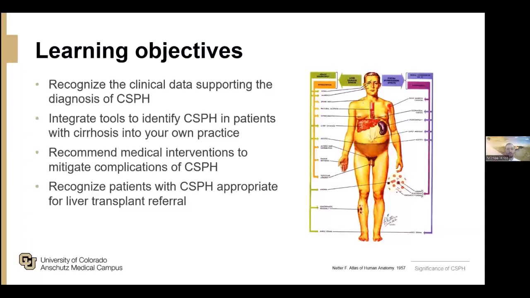And then I'm going to spend really the majority of today's time on medical interventions to specifically mitigate complications of clinically significant portal hypertension via direct treatment of portal hypertension. So I'm going to keep emphasizing that when we get to that section. And then we'll conclude with some updates relative to recognizing patients who are appropriate for liver transplant referral once you diagnose them with clinically significant portal hypertension.